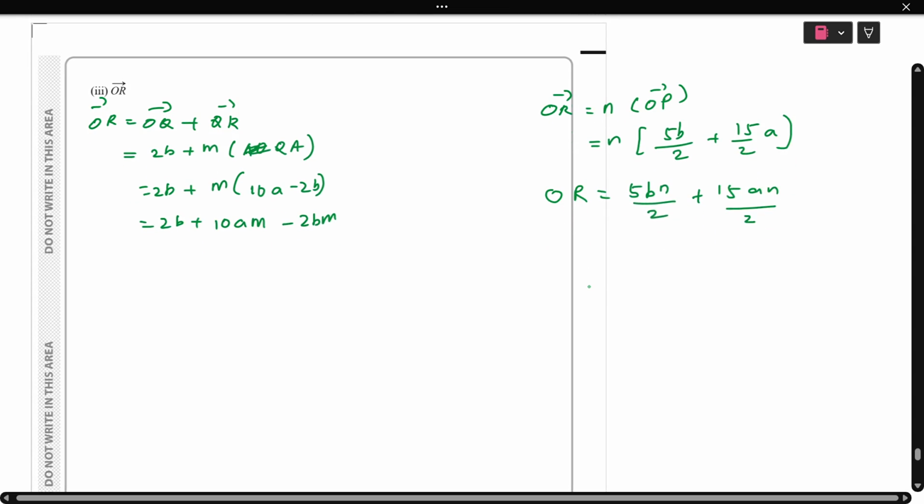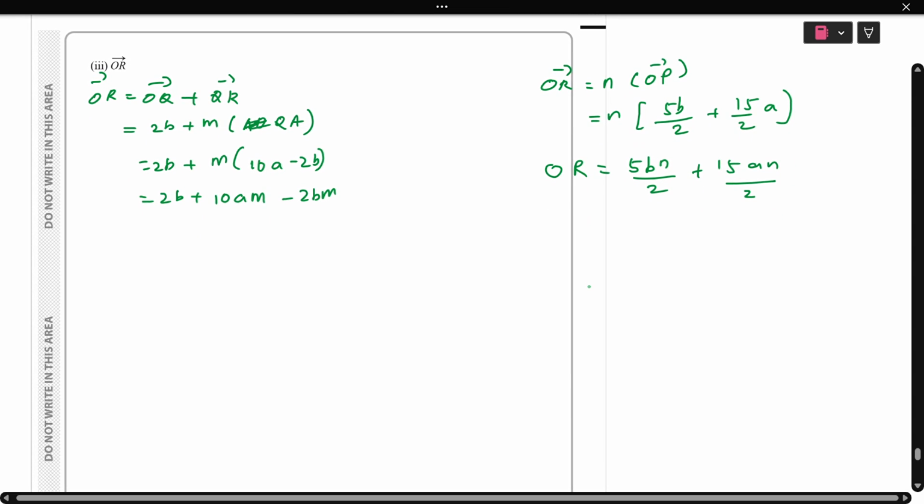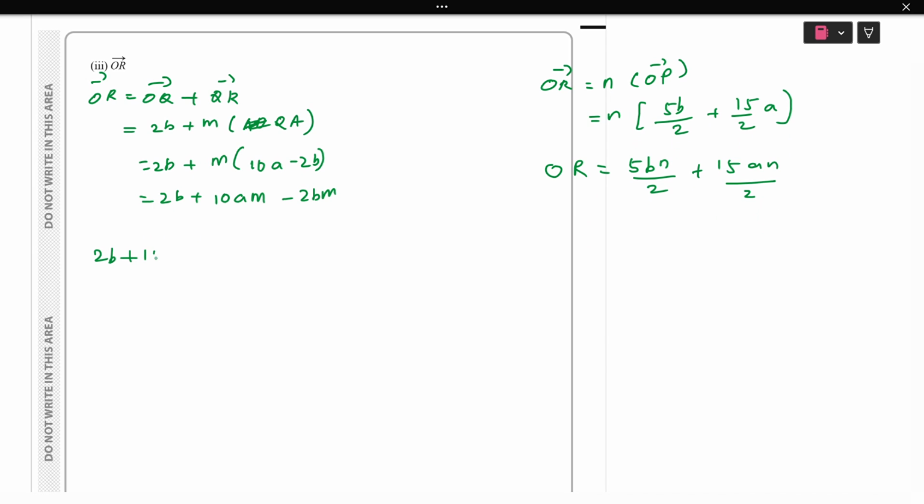Both are OR, so I'm going to equate both the equations: 2b plus 10am minus 2bm equal to 5bn by 2 plus 15an by 2.